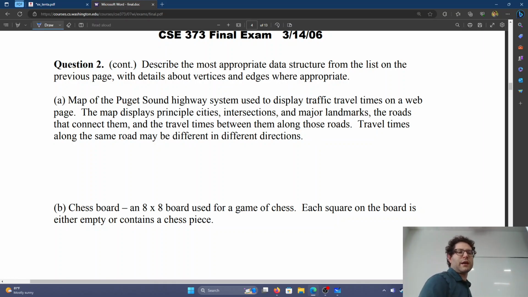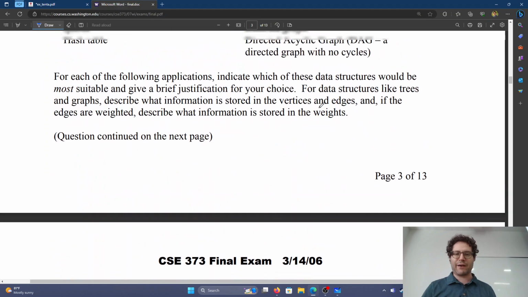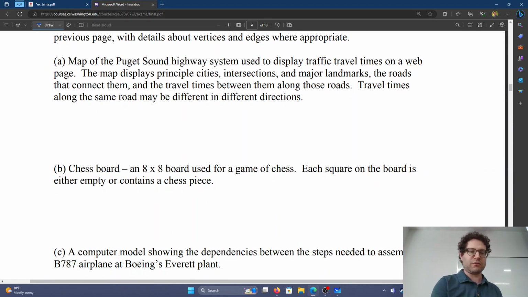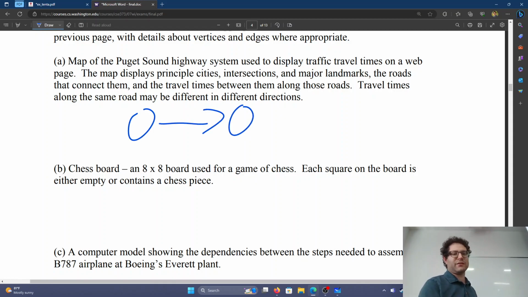And so now it also asks if we say it's a graph, what are the vertices and edges, and what are the weights? It's a directed graph because, again, travel times along the same road may be different in different directions. So the edges are saying there's a direct connection between the two, and the weight is just simply your travel time, and your locations, the places to travel to, are your nodes.